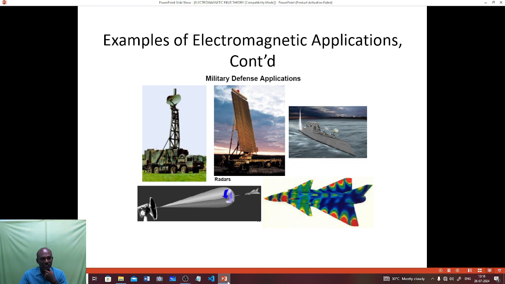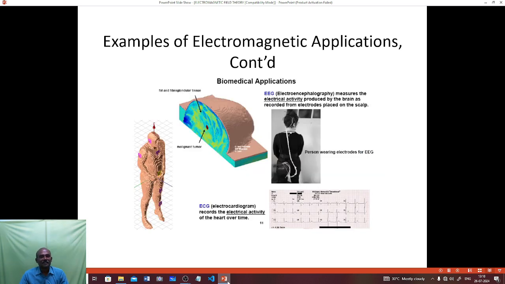Everywhere we have applications of electromagnetic fields and their analysis. Even our cells are made up of charges, so the study of electromagnetic fields of the human body is also equally appreciated.